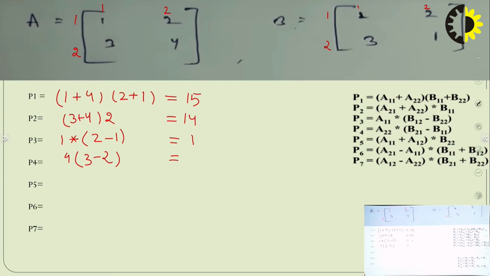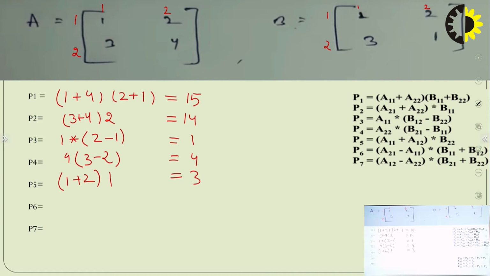Now 3 minus 2 is 1, and multiplied by 4 becomes 4. And the value of P5: A11 is 1 plus A12, the value of A12 is 2, then multiply by B22 which is 1. 1 plus 2 is 3, and multiplied by 1 is 3.